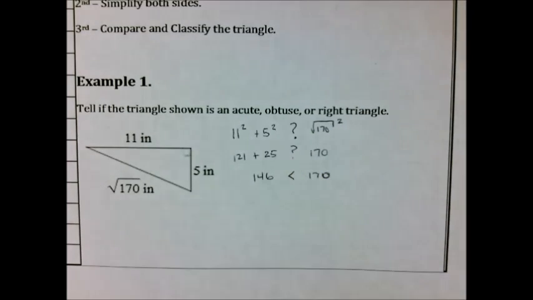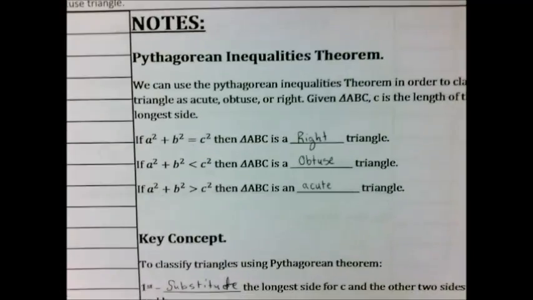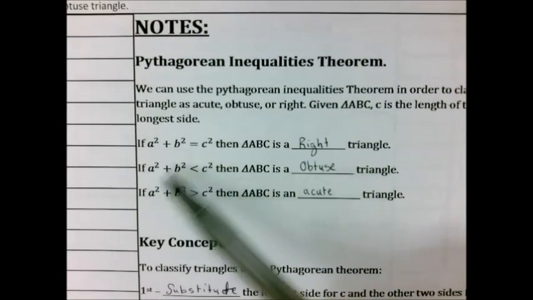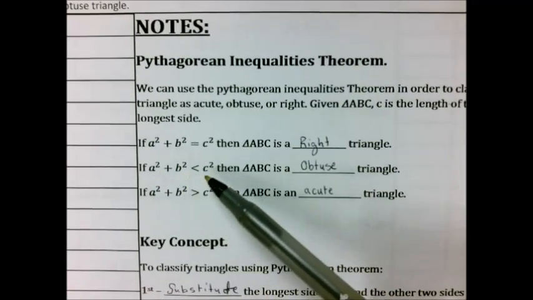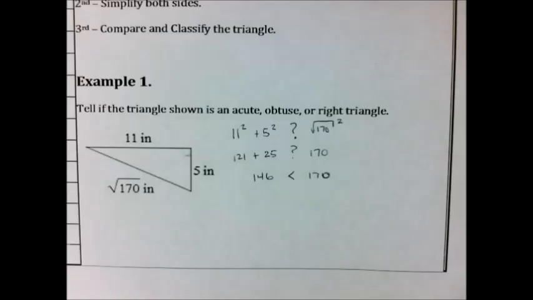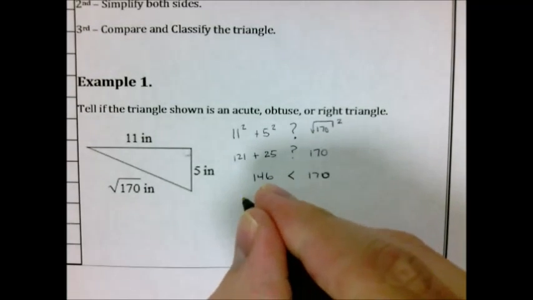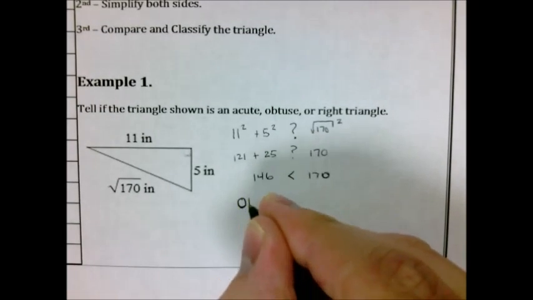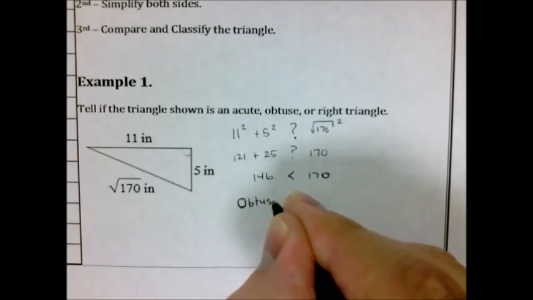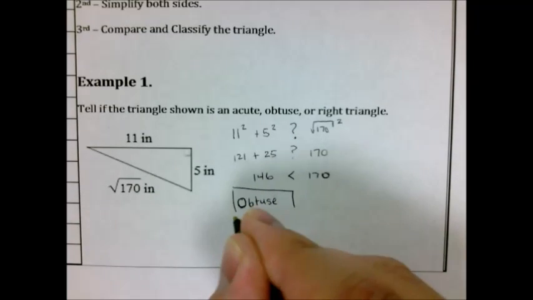So now we go back up to our list, and it says that if we have a squared plus b squared less than c squared, then we have an obtuse triangle. So this shape is not a right triangle, it is an obtuse triangle. So your answer is obtuse.